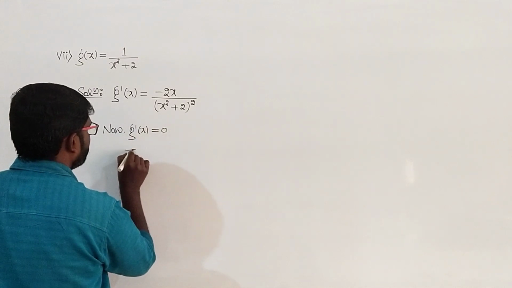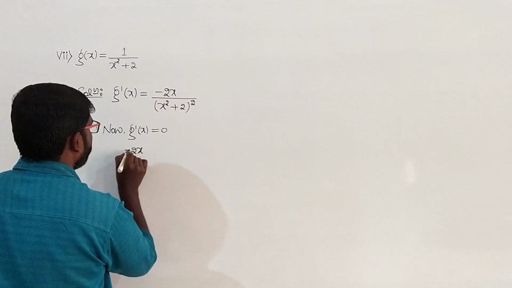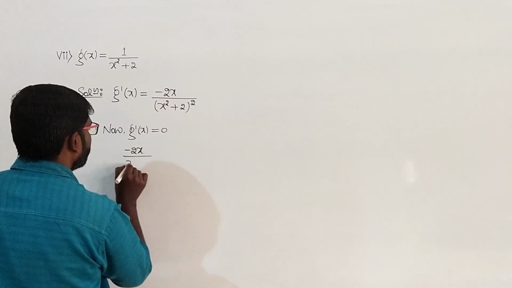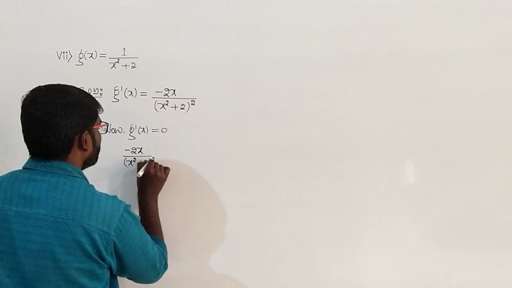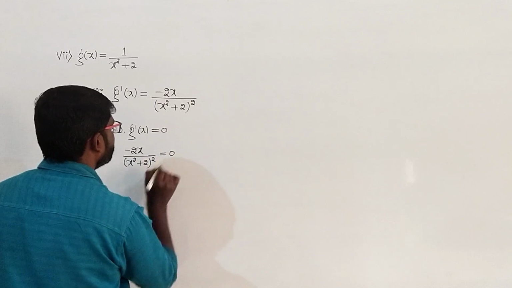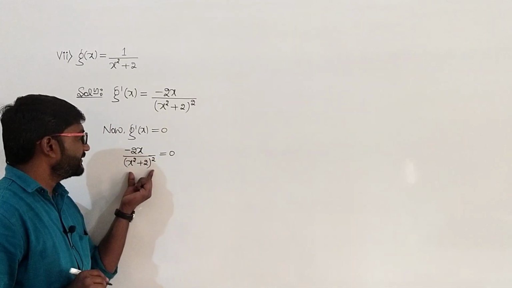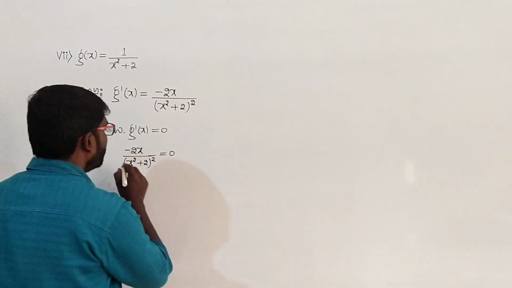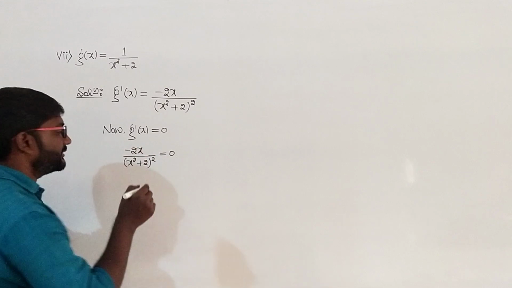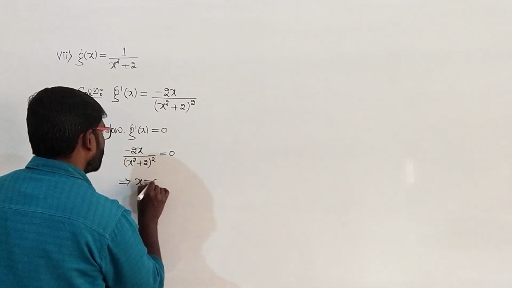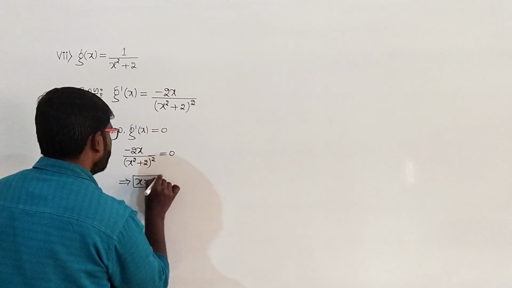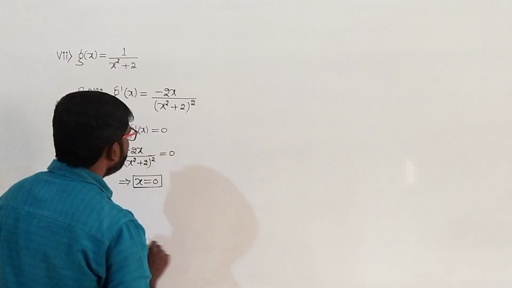So here we get minus 2x divided by x square plus 2 the whole square, which is equal to 0. Take the denominator to the RHS, it will be multiplied with 0. Overall, you get minus 2x equal to 0. That implies x equal to 0. So overall, you get x equal to 0.